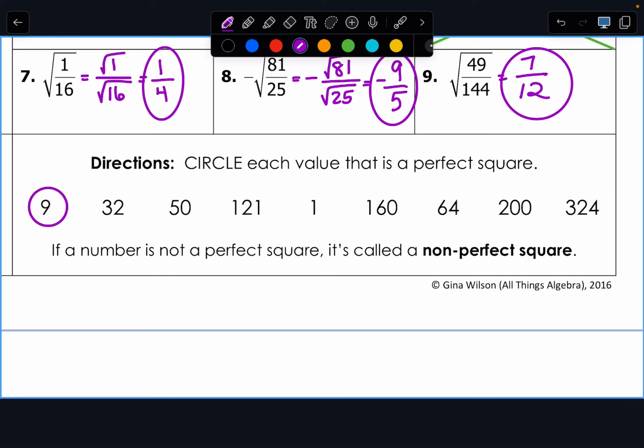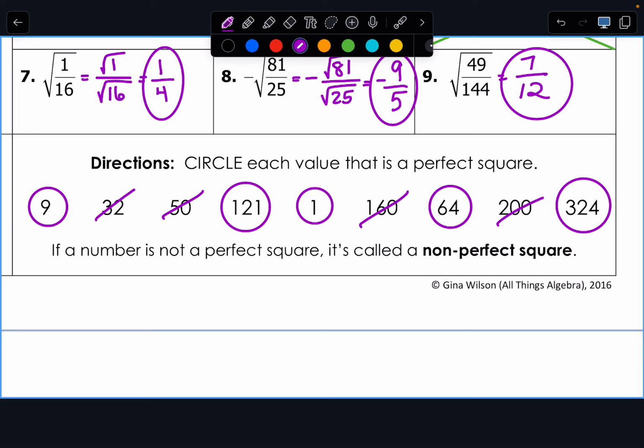Colton's giving me 1. 121. 324. 64. No to 32. No to 50. No to 160. No to 200. What do you disagree with, my dear? 100 and 400 are on our perfect square list, but not 200.